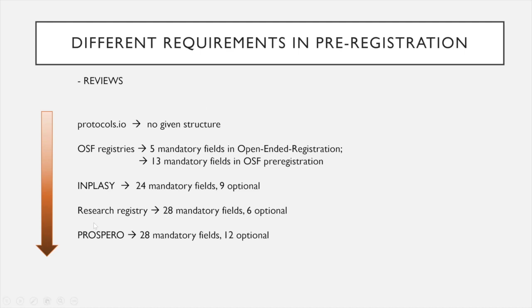And then when we go for the Prospero possibility, that is also free and very much used, it has 28 mandatory fields with 12 being optional, so requiring a lot more information.